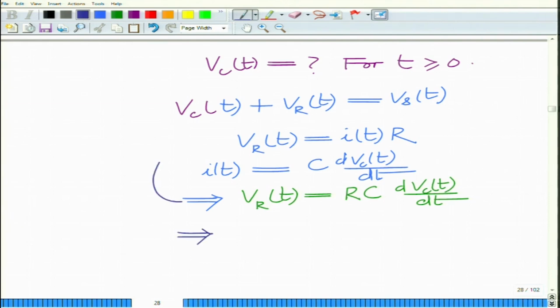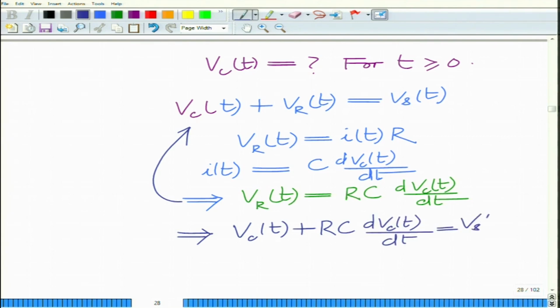Substituting this, we have vC(t) plus RC dvC(t)/dt equals vS(t), which is given to be V times u(t).